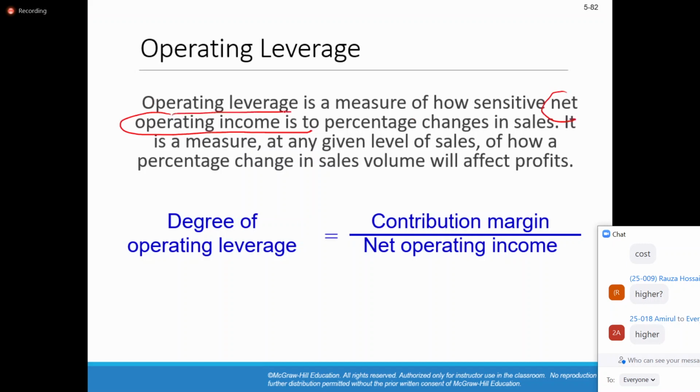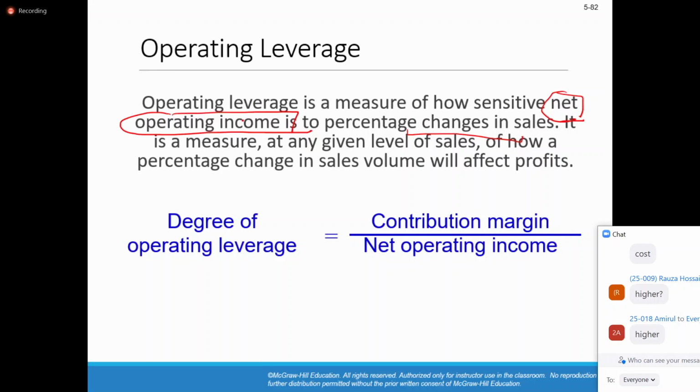You can think of the contribution format income statement. We have defined this item, net operating income, as our profit. And we like to know how responsive our net operating income is to the percentage change in sales. If my sales has changed by 2%, what will be the change in my net operating income?